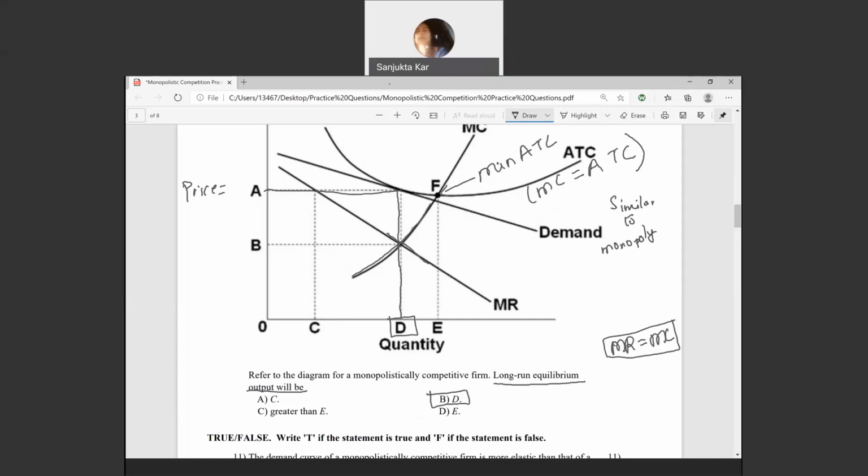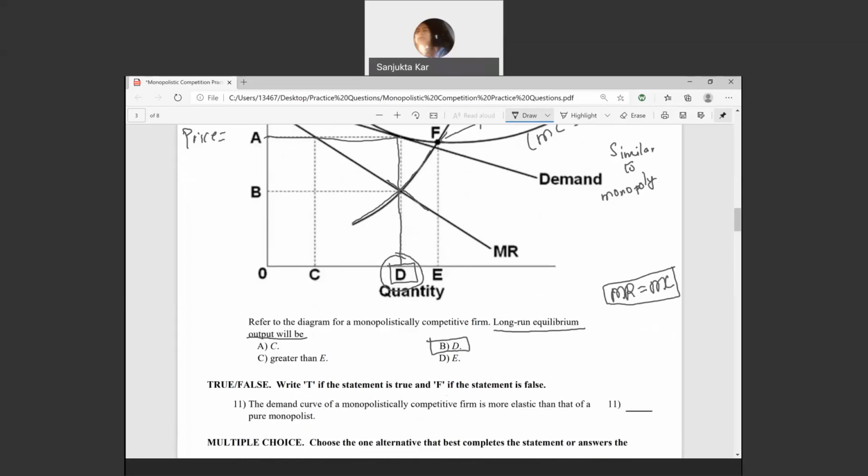The production is at this point, which is D. That means in the long run, a monopolistically competitive firm or industry will not produce at minimum average total cost, rather produce to the left of minimum average total cost. Okay, that is why we have excess capacity.